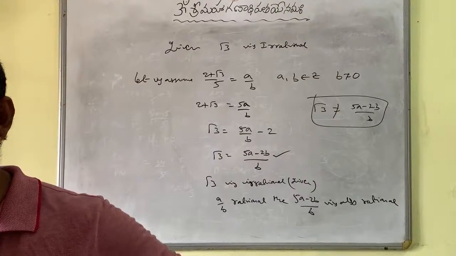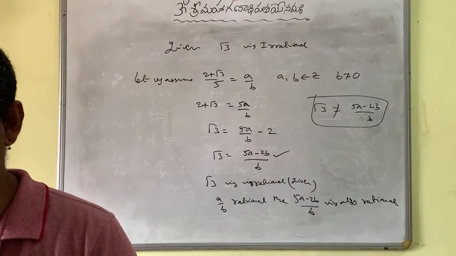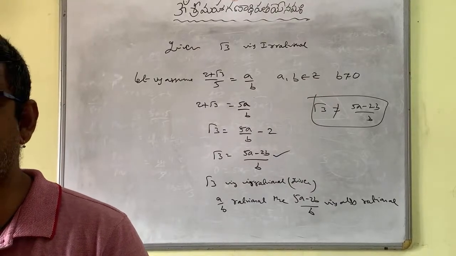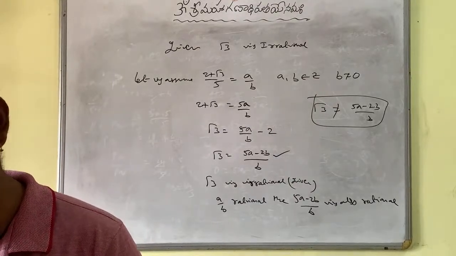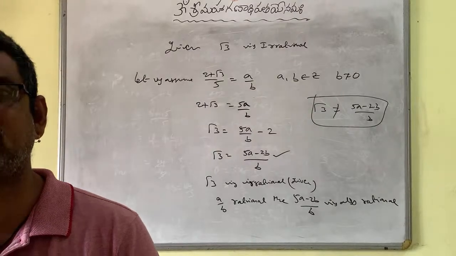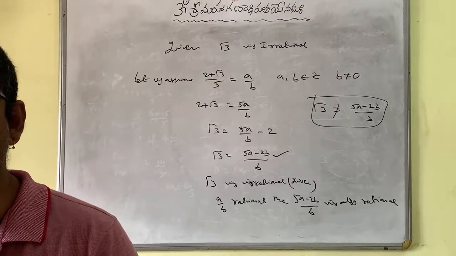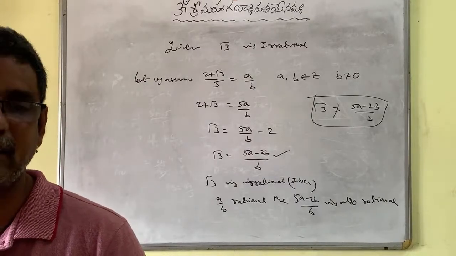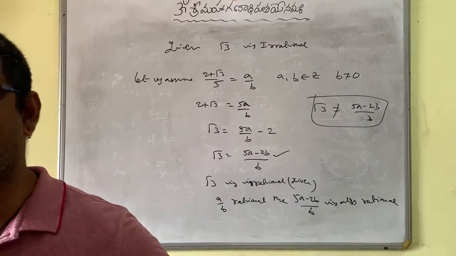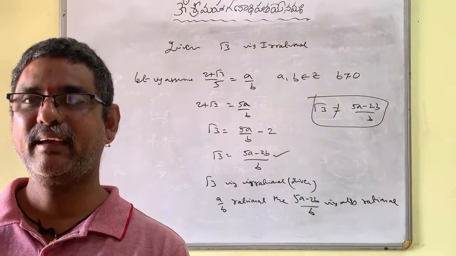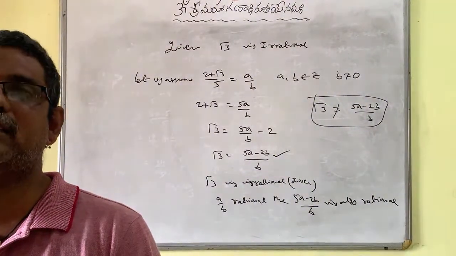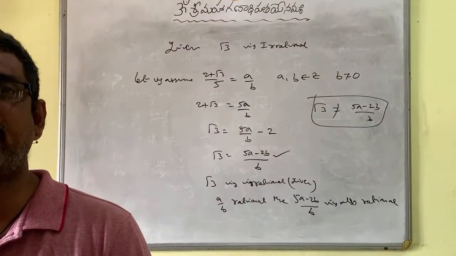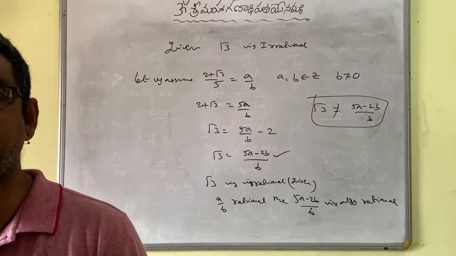Sir, our assumption is wrong. What is your assumption, Varshini? That we can read 1 week before the commencement of the examination. That is your assumption. Why read from now onwards? It is okay when we start reading 1 week before.